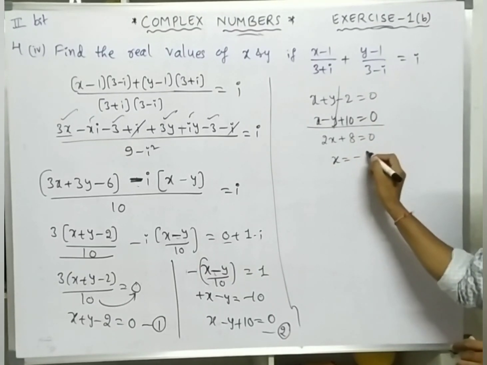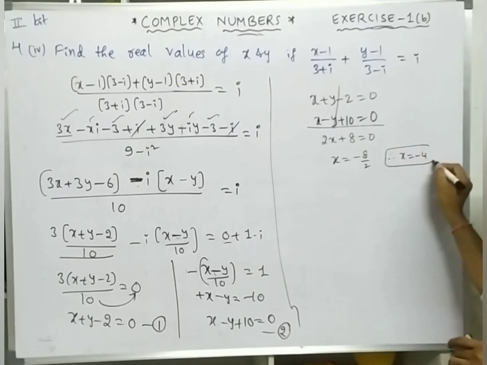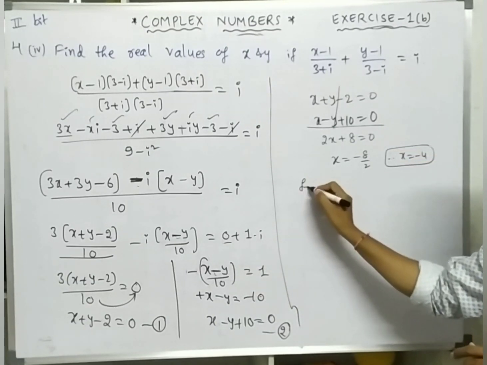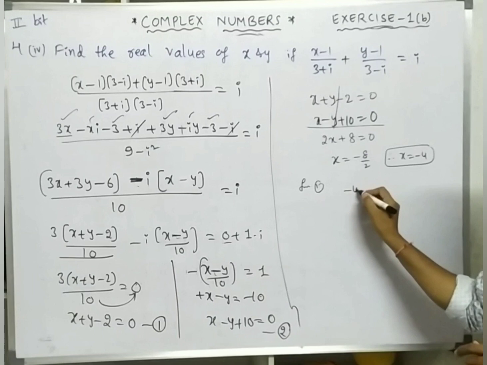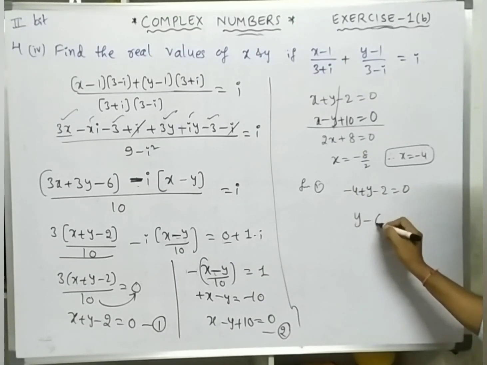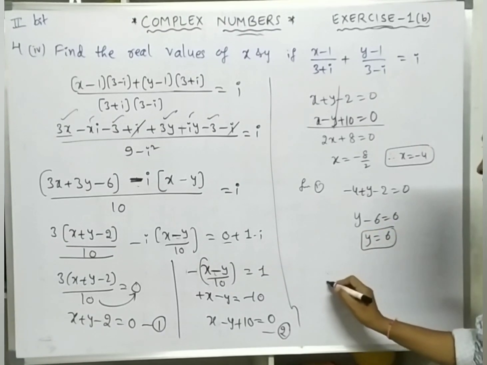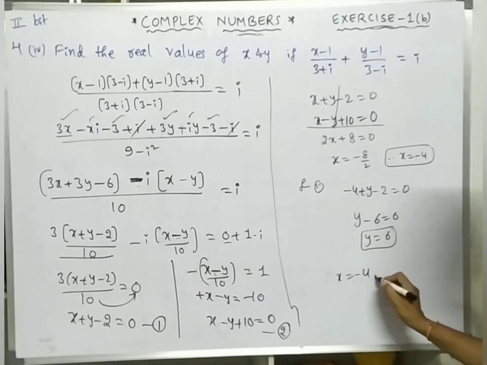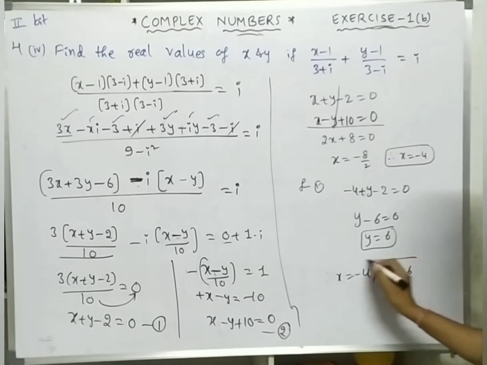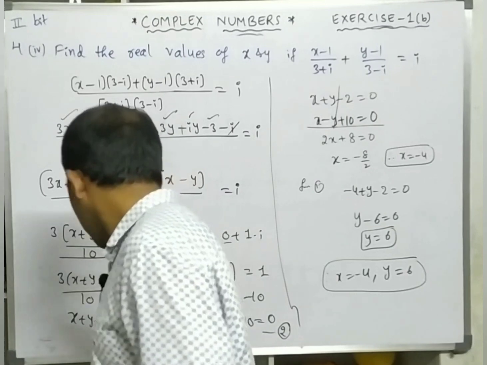So x is equal to minus 8 by 2, therefore x is equal to minus 4. Substituting in 1, minus 4 plus y minus 2 is equal to 0, y minus 6 is equal to 0, y is equal to 6. So therefore x value is minus 4, y value is 6.